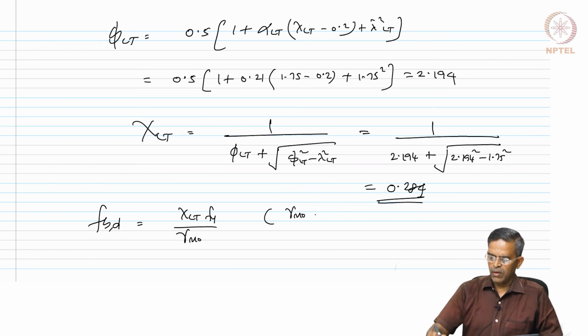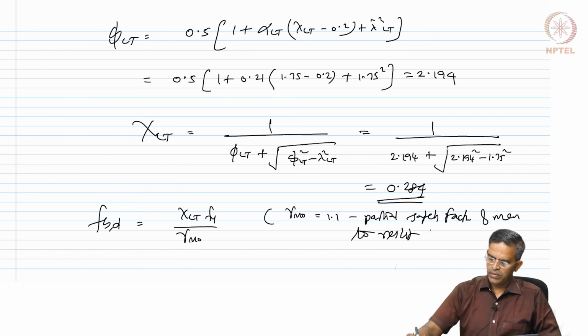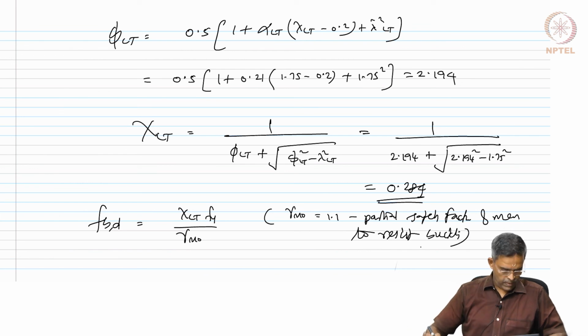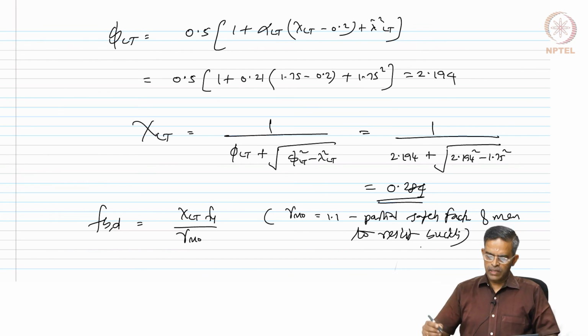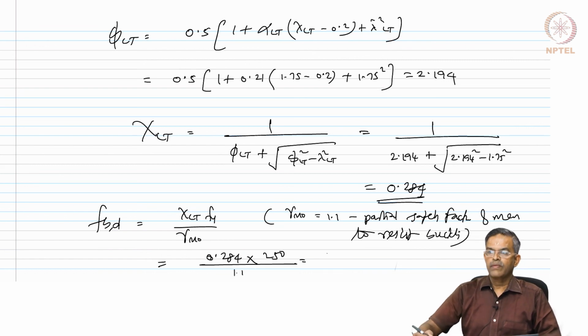Now, gamma m0 is equal to 1.1, which is the partial safety factor. Let us substitute that, which will become 0.284 into 250 by 1.1, which comes to 64.616.